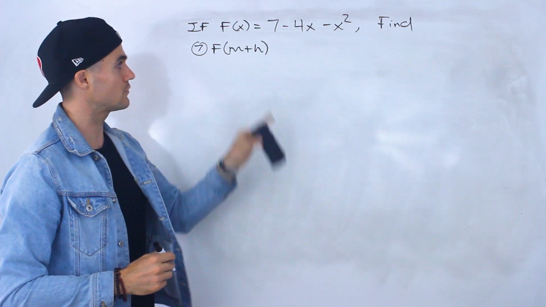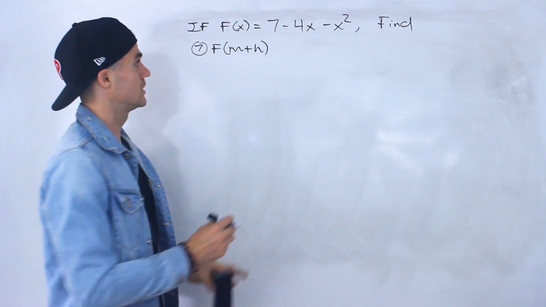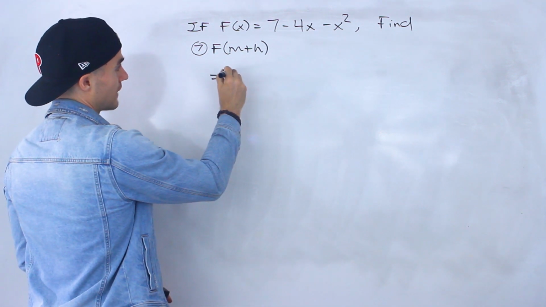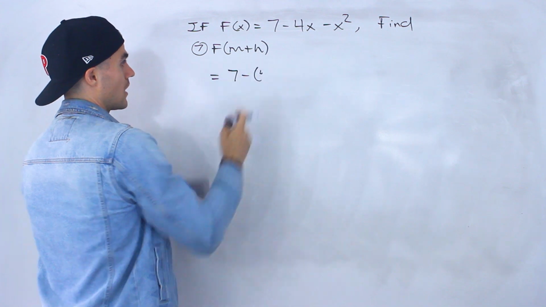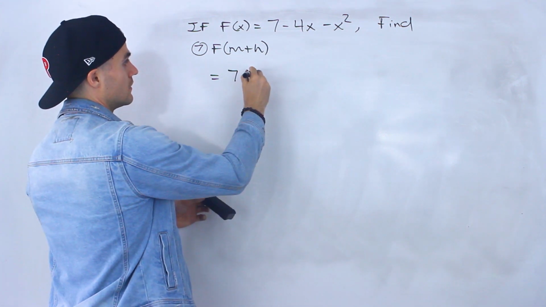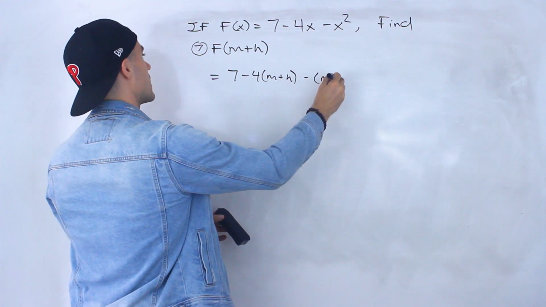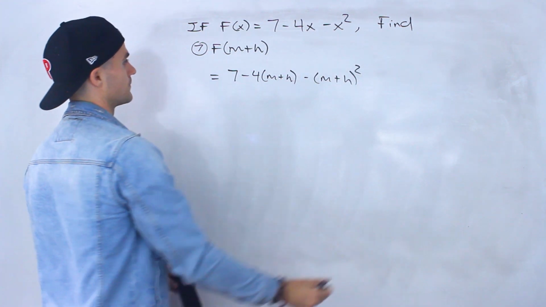And then finally, number 7, we've got f of m plus h. Notice there's no numbers here, it's just a variable. So we'll have 7 minus 4 times m plus h, minus m plus h squared.